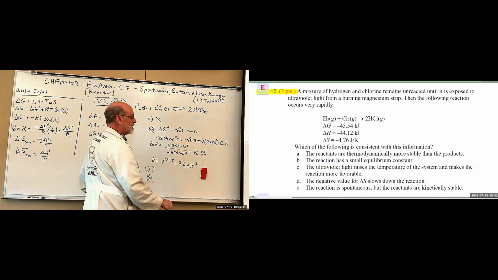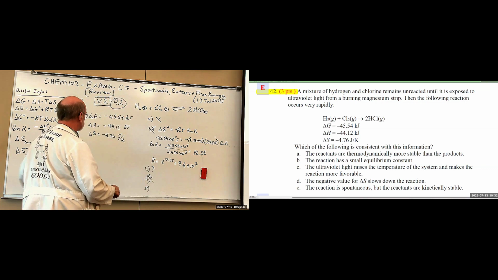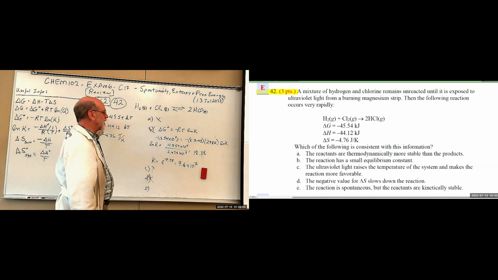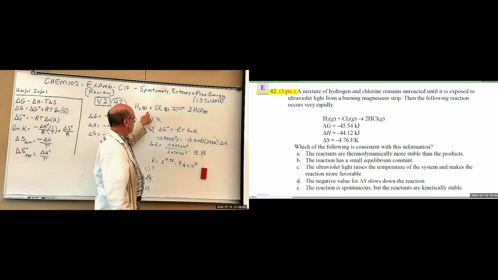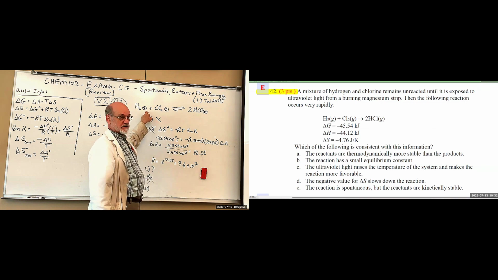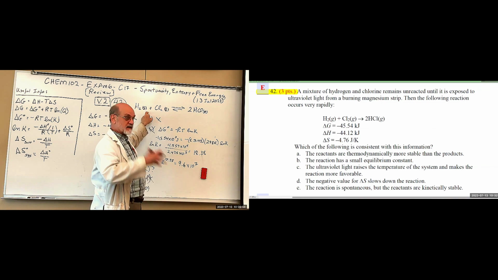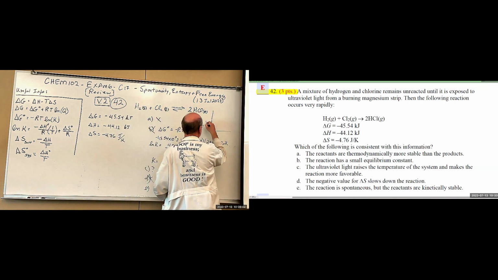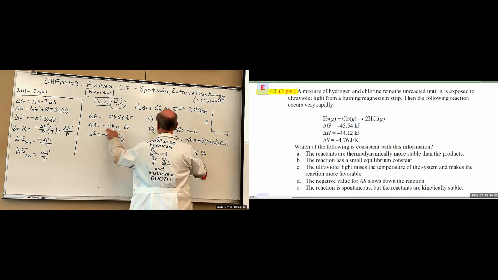How about E? The reaction is spontaneous, yes, but the reactants are kinetically stable, yes. They're not going to go very fast until we introduce some activation energy. So if we drew that in a picture, energy is here and progress there, it would be exothermic.